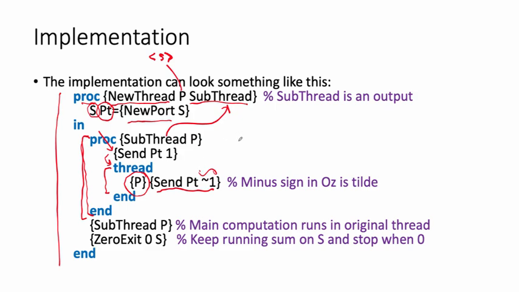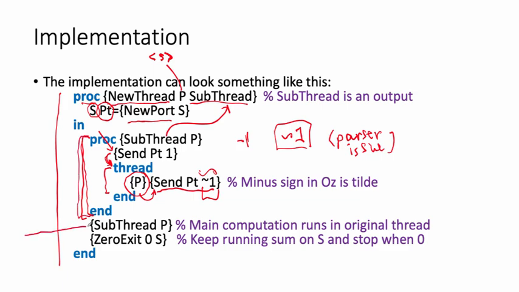Notice the -1 in Oz is actually tilde, because of the parser, because of the generality. OCaml also does a similar thing. So this is a -1 in Oz. So it will send a +1 before and a -1 inside the thread. So that's the procedure subthread.